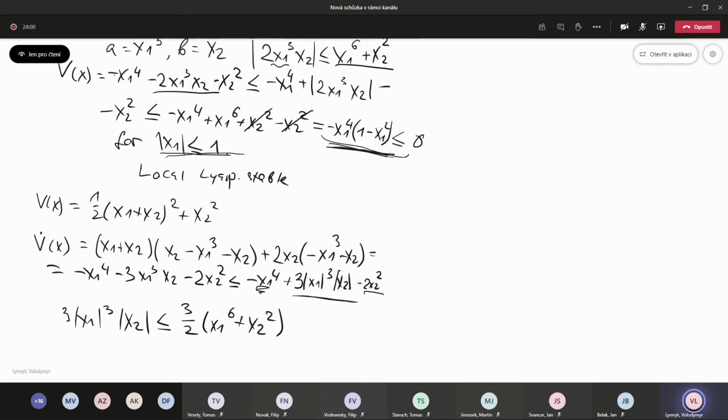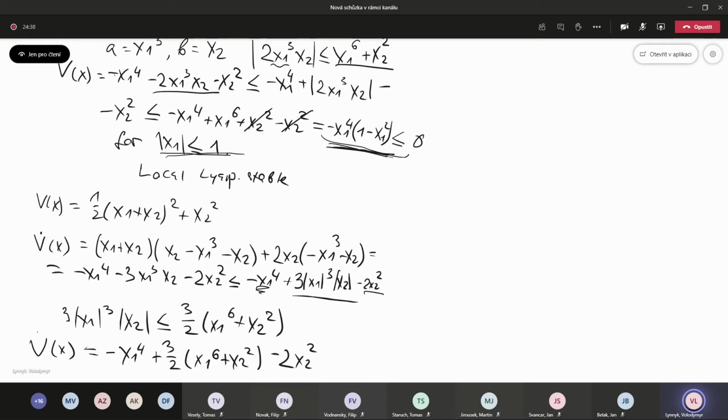And with using this, we obtain that V dot of x is less or equal to minus x1 to the 4th degree plus 3/2 x1 to the 6th degree plus x2 squared minus 2 x2 squared.